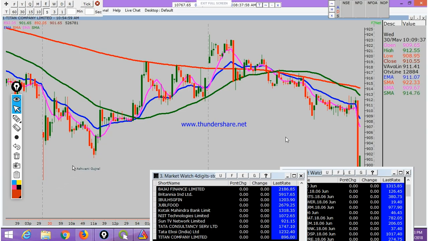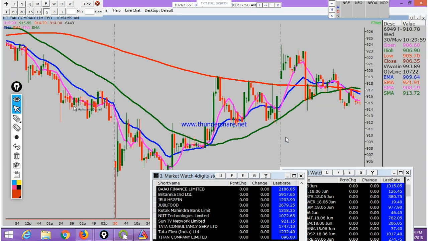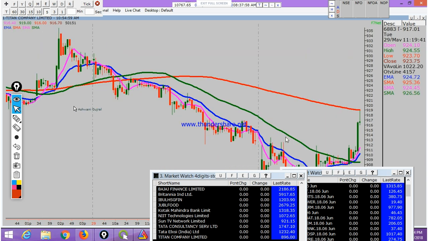Update stop from here to here. Add. And what is your approximate target? About 200. So this is another way of playing a sideways market where stocks make a double bottom or don't show follow through, and then you are able to take things on the other side.